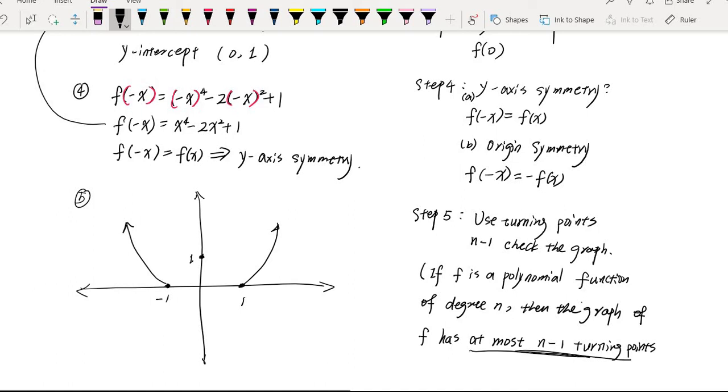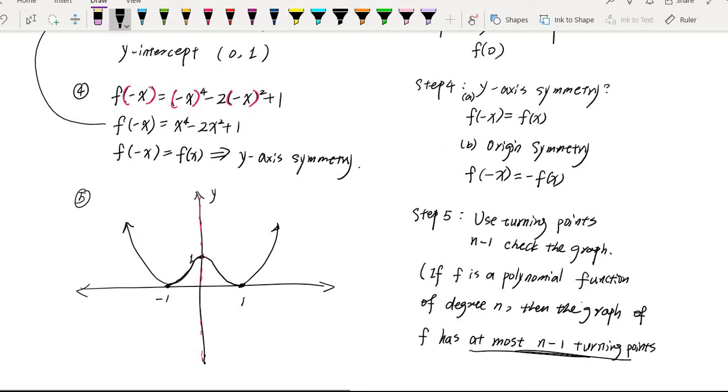All you have to do is connect the rest, because we also figured out the y-axis is a symmetry. This means if I fold this graph with the y-axis as my mirror, the two sides match perfectly.